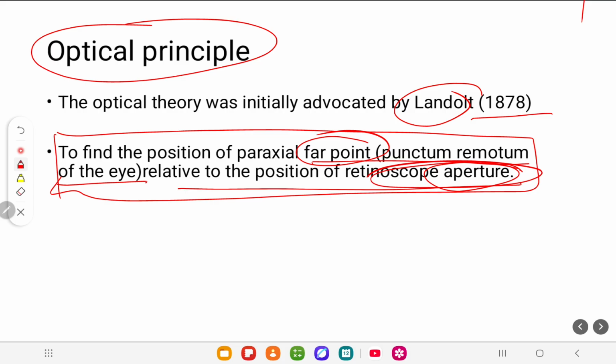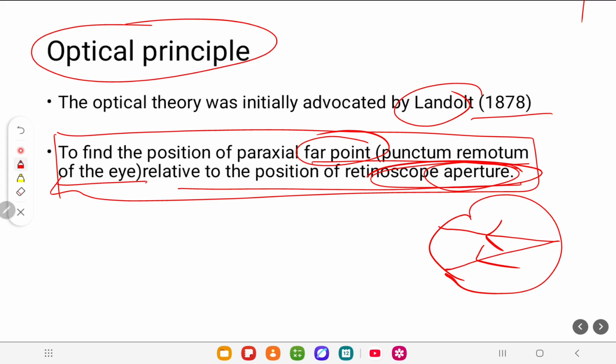Whenever you throw parallel light, let's take an example. Sorry, I'm terribly bad at drawing. Whenever you throw the light and it strikes the retina and comes out of the eye, the light coming out shows the nature of the eye's refractive error.